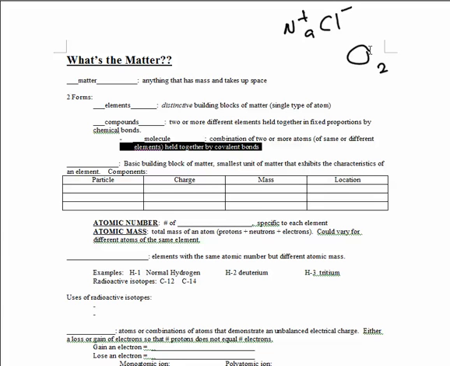If you were to look at O2, which is oxygen, those are two oxygen atoms which are in fact covalently bonded to each other. So oxygen represents a molecule, but it does not represent a compound because, again, these are two of the same elements, not different elements. And then you have commonly H2O, which we all know as water.